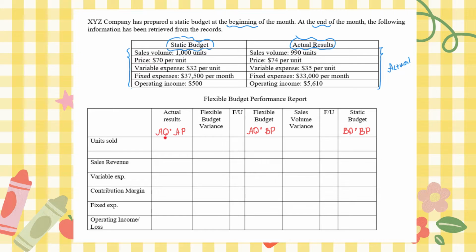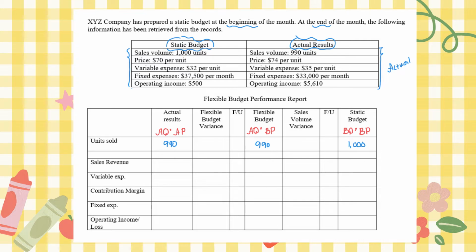I need actual quantity, so I'm gonna look at the actual results, which is 990 units. For the flexible budget, I also need actual quantity, so I'm gonna use the same number, which is 990. While for the static budget, I need budgeted quantity, so I'm gonna look at the budgeted numbers, which is 1,000.